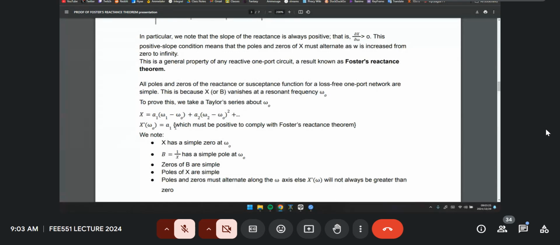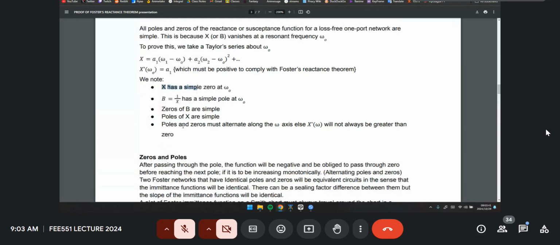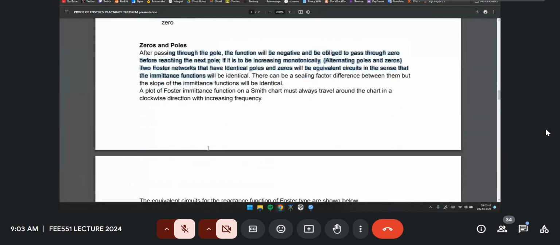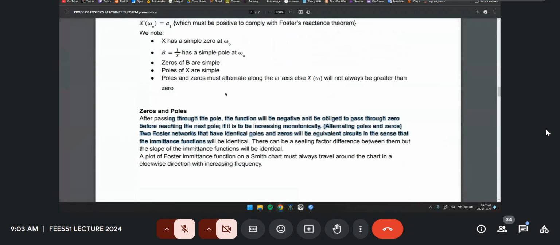We'll get A1, so we have X0 equal to A1, such that X has a simple zero at W0, B has a simple pole at W0. The zeros of B are simple, the poles of X are simple. All these are just to explain more about this graph here.